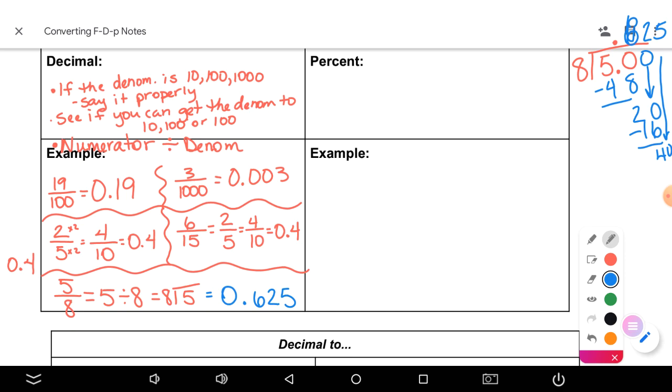Brady. You take the numerator, and that's your percent. Not always. So like, well, 5/8, it's 5%. Multiply it up to like 100. So if the denominator is 100, the numerator equals your percent.